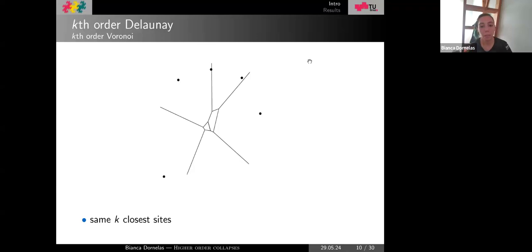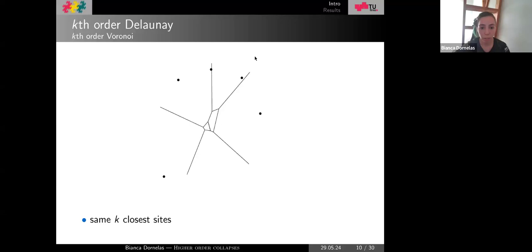Where you tessellate the space into regions with the same closest neighbor. And here, if we are not yet thinking of a radius and not considering the k-fold cover, we just extend this definition of Voronoi. So we have now the k-th order Voronoi diagram. And this is just a tessellation into regions with the same k closest sites.